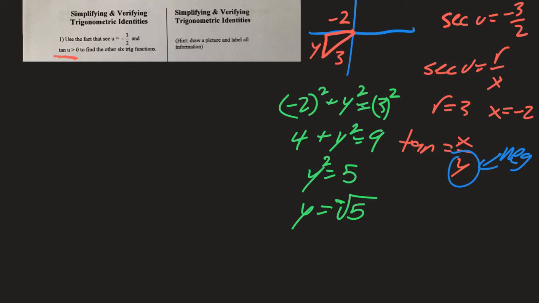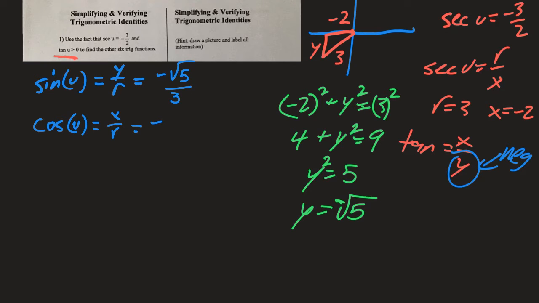Once I've gotten all of these, I can use those to come up with what the other trig ratios are that we don't know. Starting off with maybe sine of u. Sine is y over r, and my y value is -√5, and my r value was 3. Cosine of u is going to be x over r, and we get -2/3.